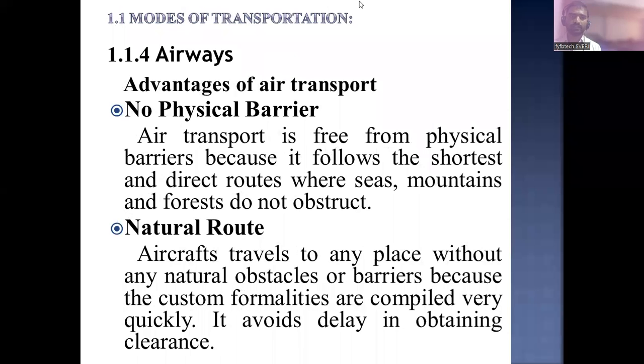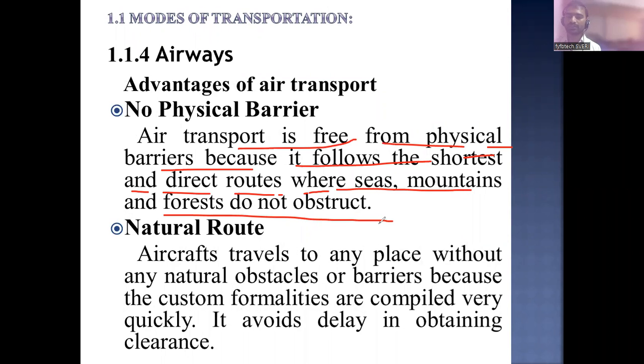No physical barrier. Air transport is free from physical barrier because it follows the shortest and direct routes where seas, mountains, and forests do not obstruct. Yes, if you want to travel by railways and there is a sea, that will be an obstruction.